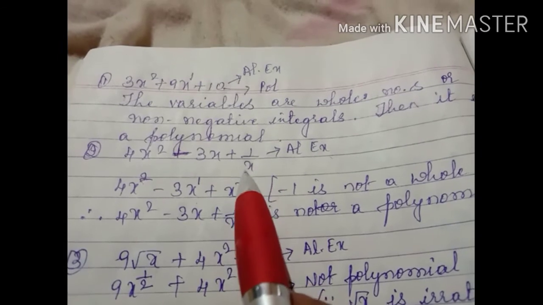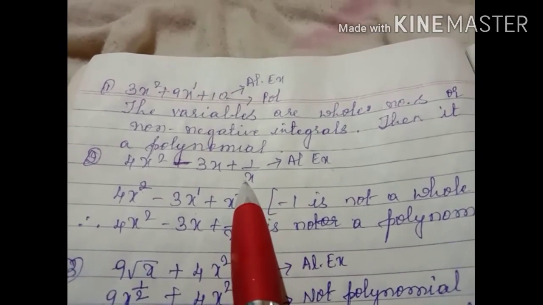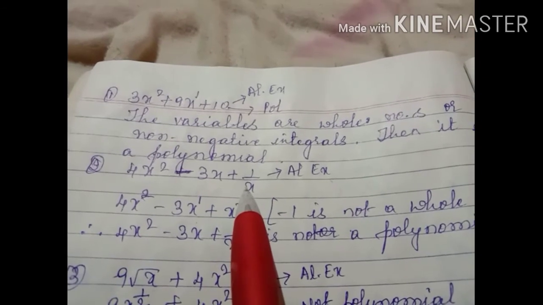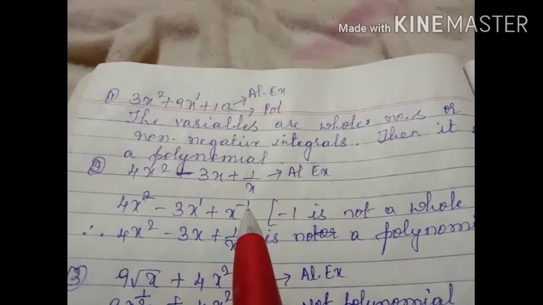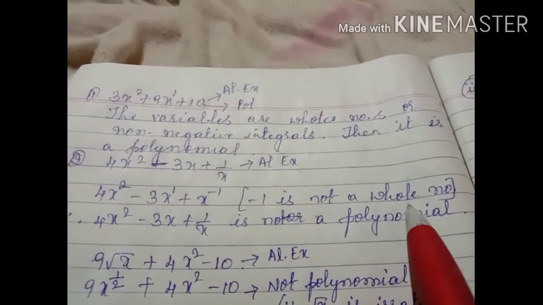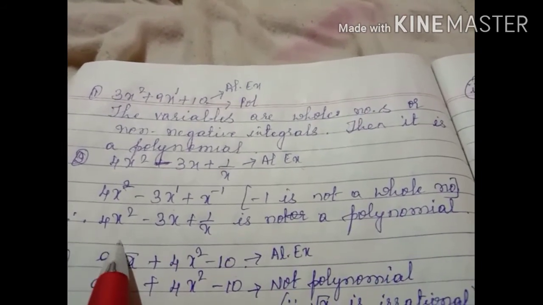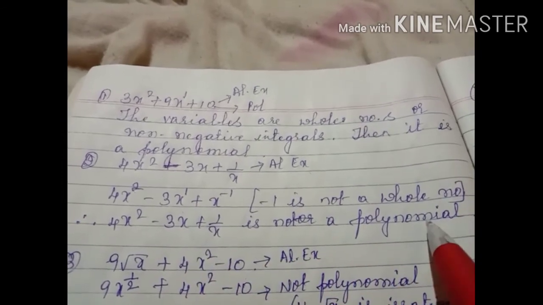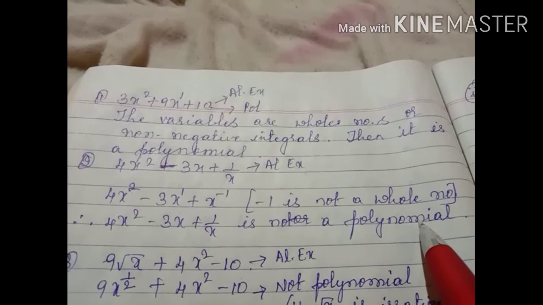Is it not? 1 by x is not possible in a polynomial. You must understand carefully: minus 1 is not a whole number, yes or no? Therefore 4x square minus 3x plus 1 by x is not a polynomial.